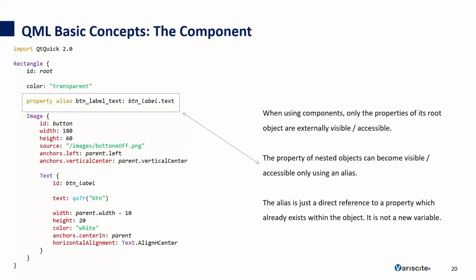Here we used a very important capability, which is the alias. What does this mean? Basically, whenever you want to access a property of an object externally, usually you just refer to the object property. But when this is a component, the syntax only allows you to access the properties of the main object, in this case the rectangle with the root ID.